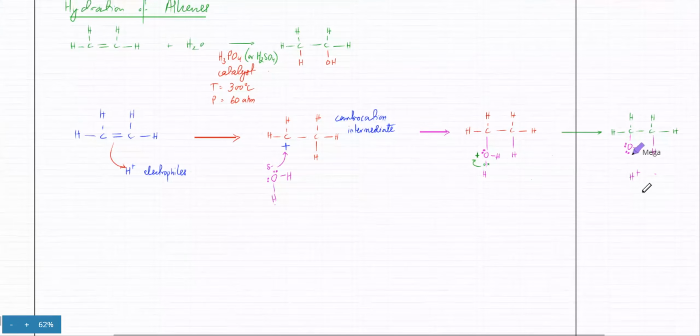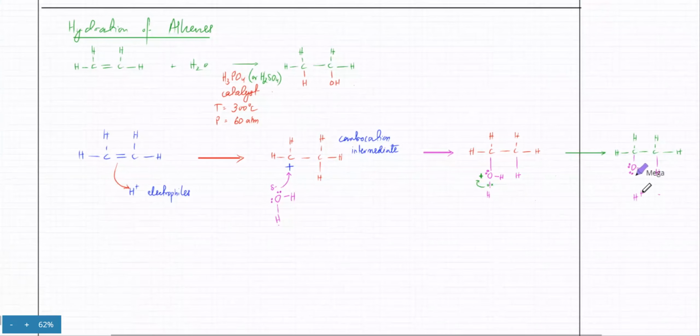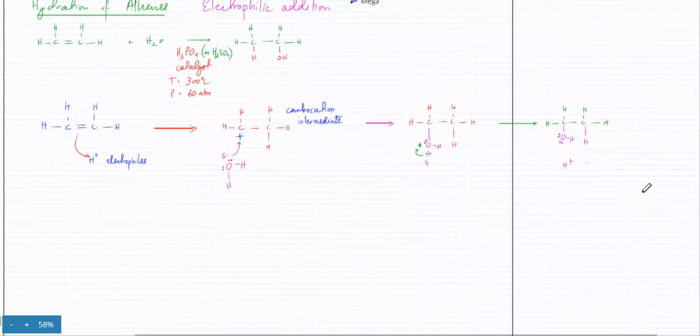You can be asked questions about it. This is also, remember, electrophilic addition, exactly the same mechanism. So you're going to write the whole mechanism. Take it till the end.